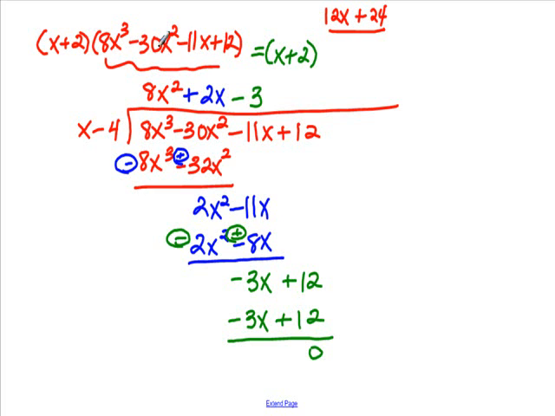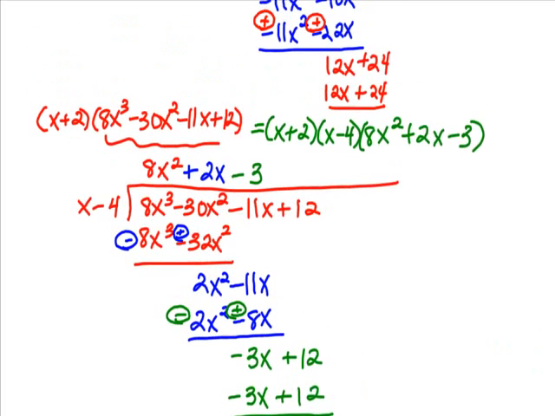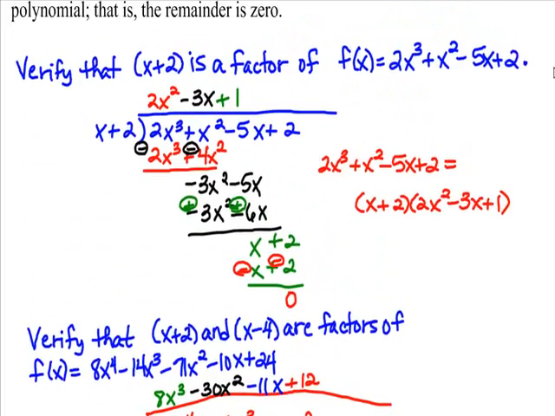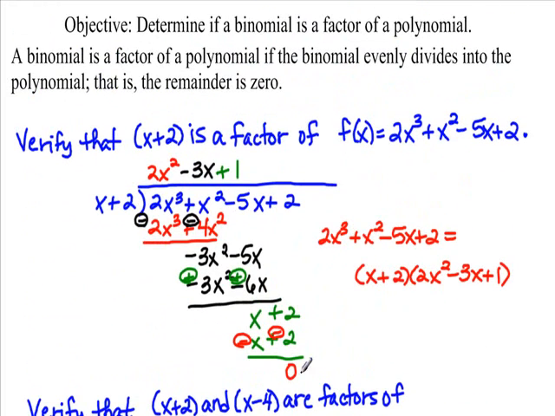But now this 8x cubed minus 30x squared minus 11x plus 12 can be written as x minus 4 times its quotient, which was 8x squared plus 2x minus 3. Okay? So to verify that a binomial is a factor, you're going to use long division, and if the remainder is 0, then you know you have a factor of the polynomial.